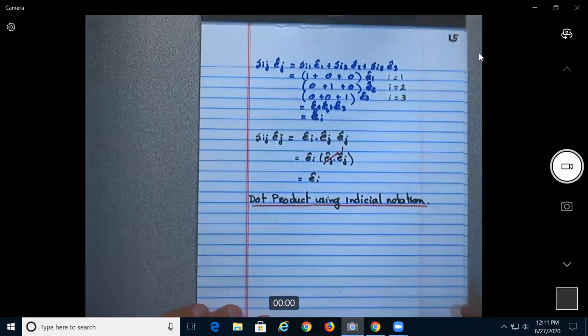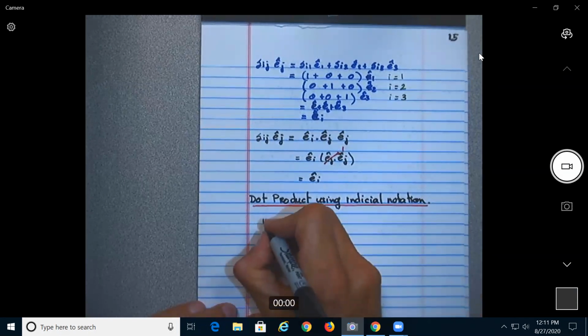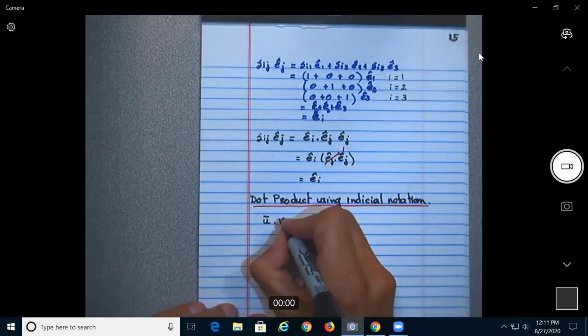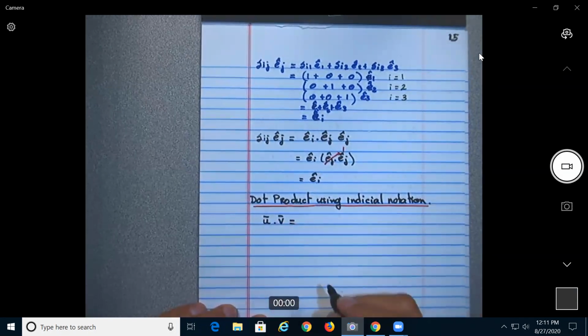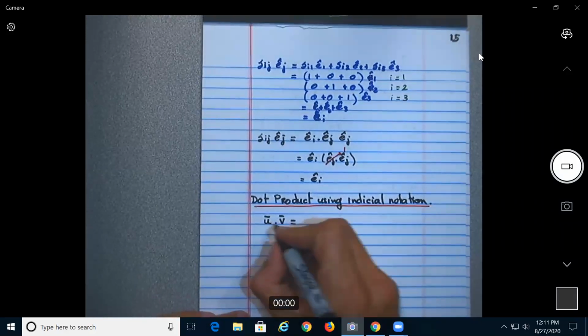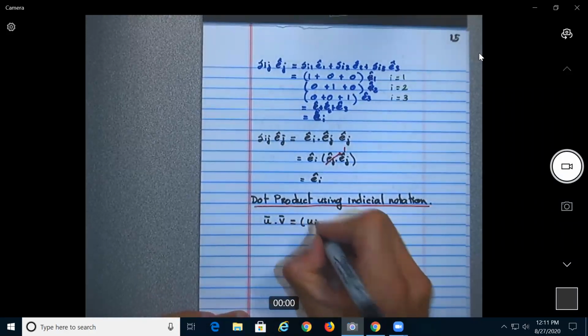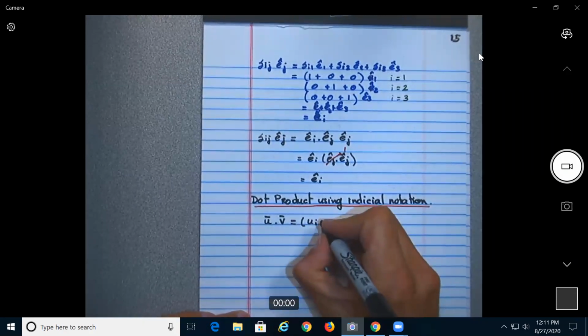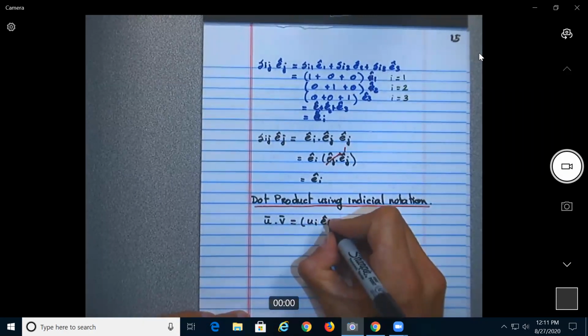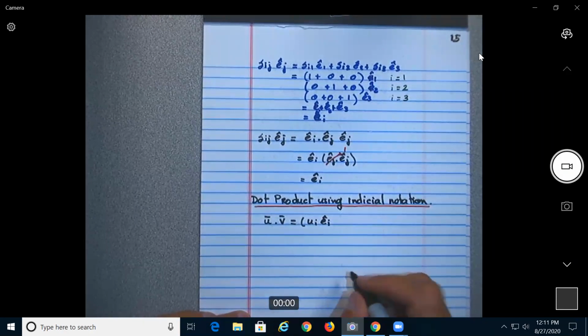Okay, so let's say we get two vectors, u dot v. Okay, so this is the same thing. A vector has magnitude and direction, no? So let's say we write u as u sub i magnitude, e hat i direction.